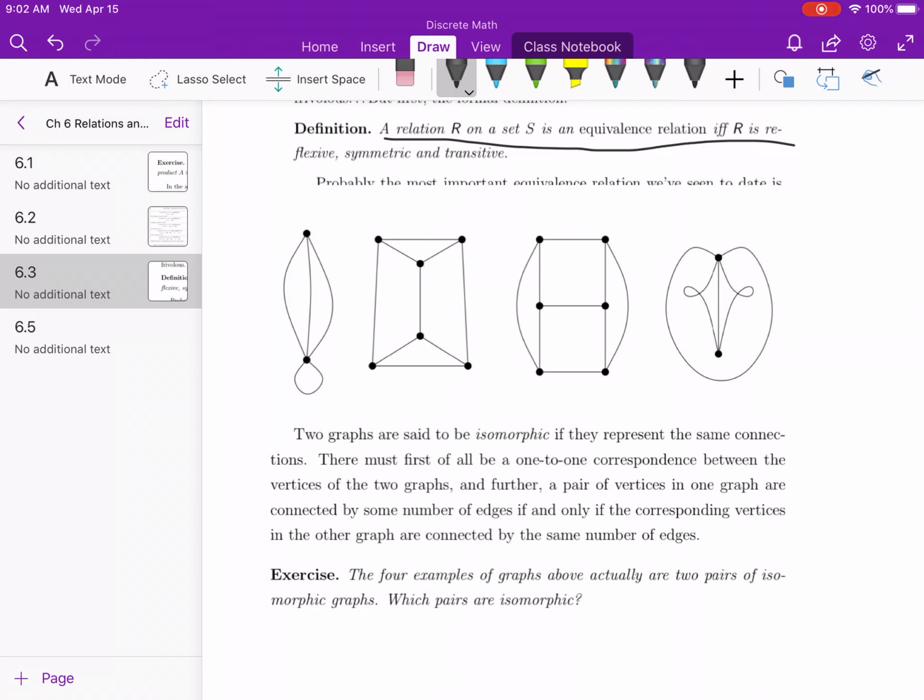All we need to do to show something's an equivalence relation is to show that it's reflexive, symmetric, and transitive, right?